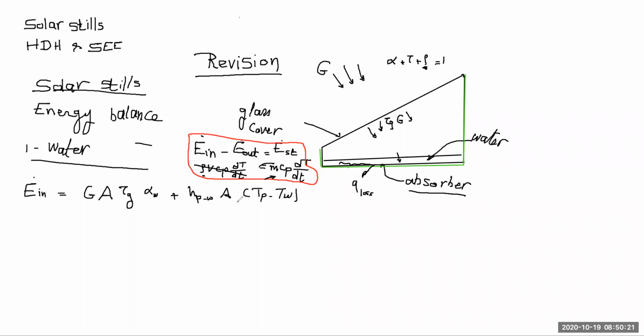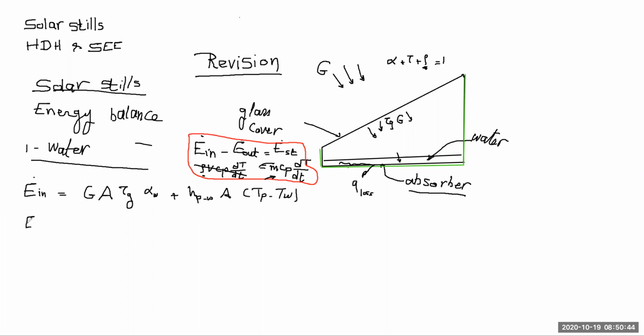So when I'm taking the water as my control volume, this is energy in. Suppose that there's no plate, then this whole expression would not be there. So this is the first thing. If there's no plate, then there's no transfer of energy from the plate to the water. So this is the energy in.